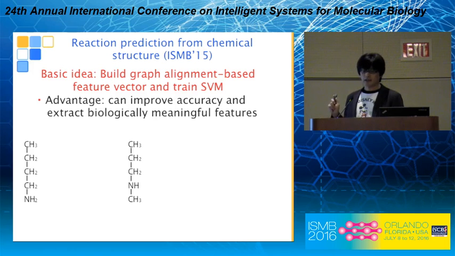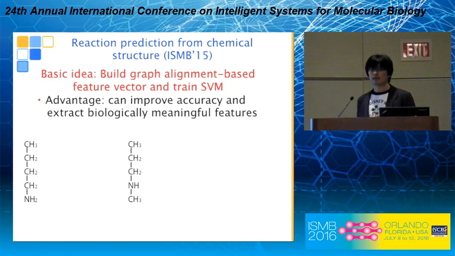The basic idea of this study is to build a graph alignment-based feature vector and train an SVM. The advantage is the ability to improve the accuracy and extract biologically meaningful features.